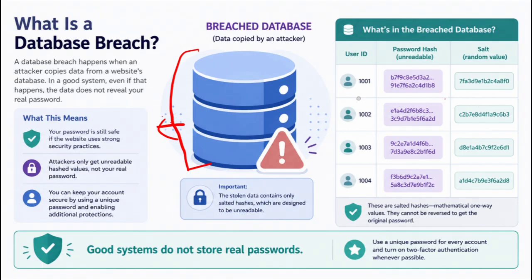In a better designed system, the database contains only password hashes instead. As you can see here, the user ID is there, but also the password hash and the salt. Since salt is a random value, the person cannot understand what it is, and the password hash is unreadable.